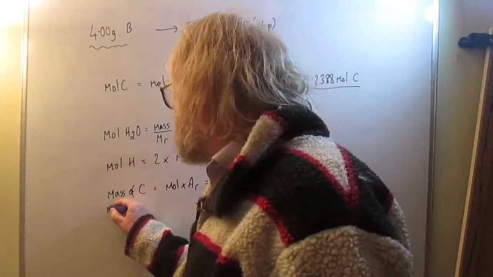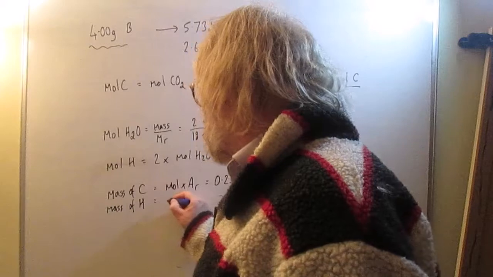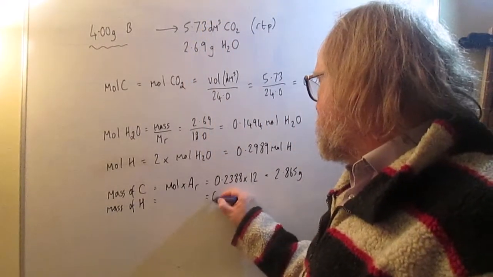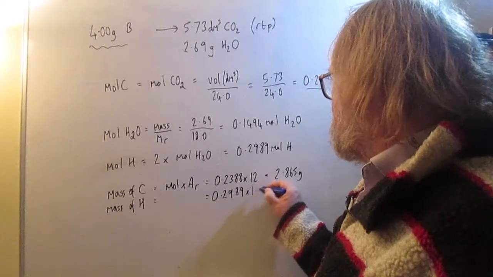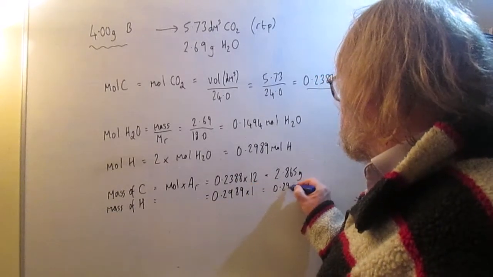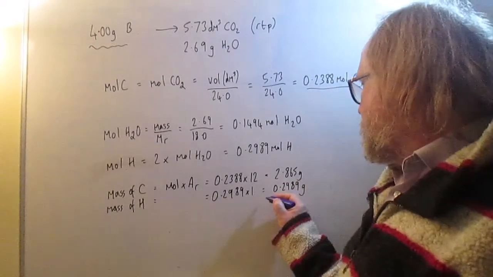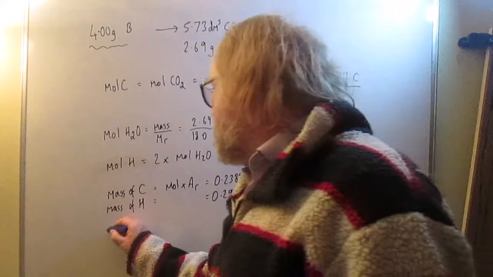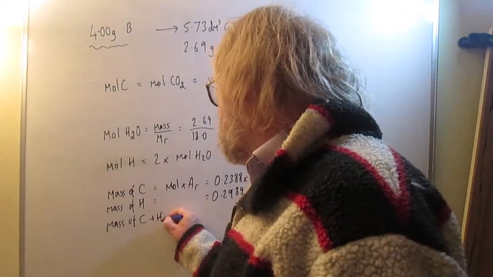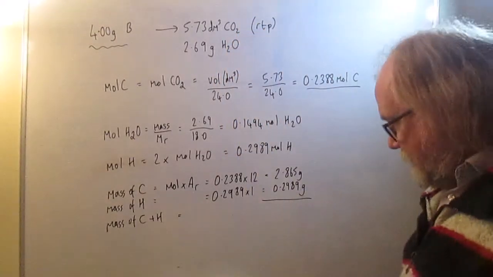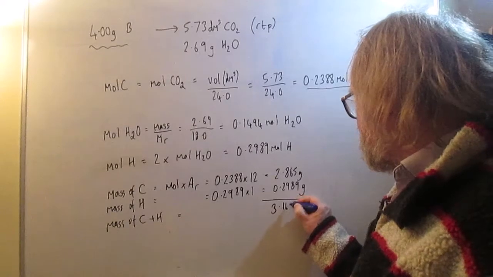And we can get the mass of hydrogen. Again, it's moles times Ar, which is 0.2989 times 1, which is 0.2989 grams. And if we add those up, we get that the mass of carbon plus hydrogen is the sum of those 2, which adds up to 3.164 grams.